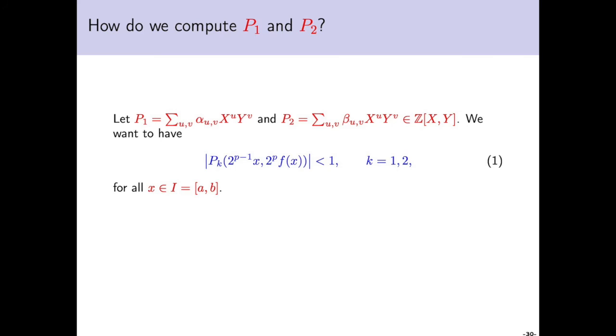So back to my initial problem. I'm looking for two polynomials in two variables with integer coefficients whose uniform norm over a given interval AB is strictly smaller than 1. I want to construct two polynomials that satisfy this inequality.